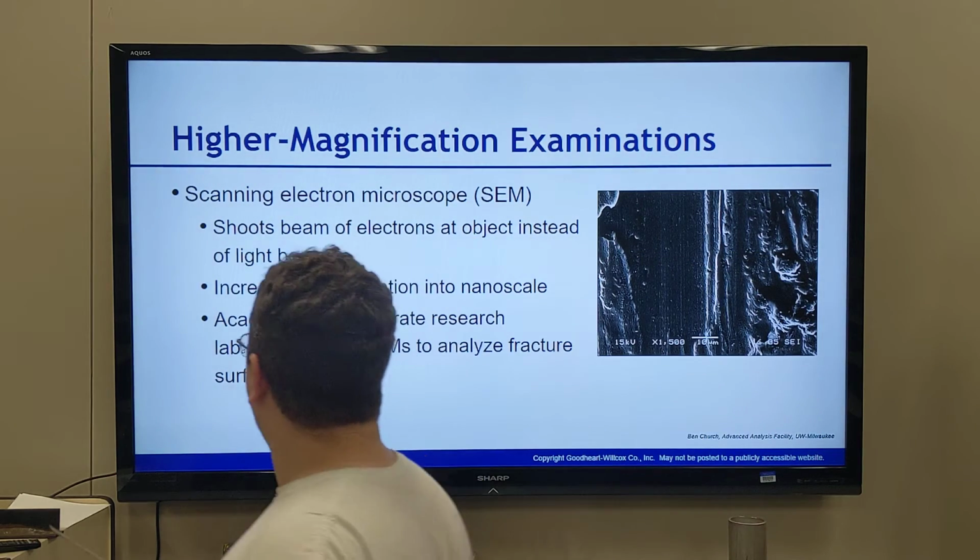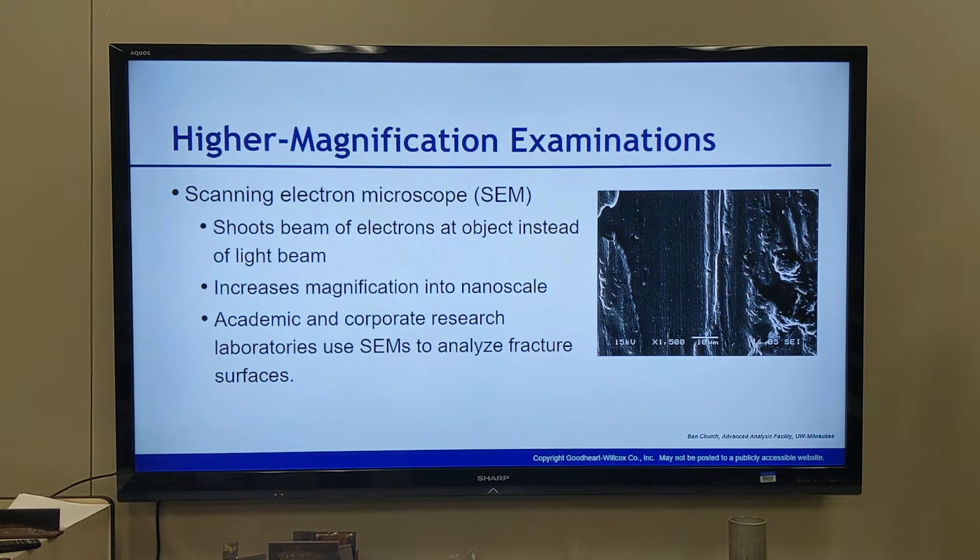When they're doing stuff like that, the reason they're typically in black and white is that they're shooting beams of electrons. Electrons are part of an atom, along with protons and neutrons, and we'll get into those in a second. They are throwing that out there so they can see what's in there. So we are now in the nanoscale.